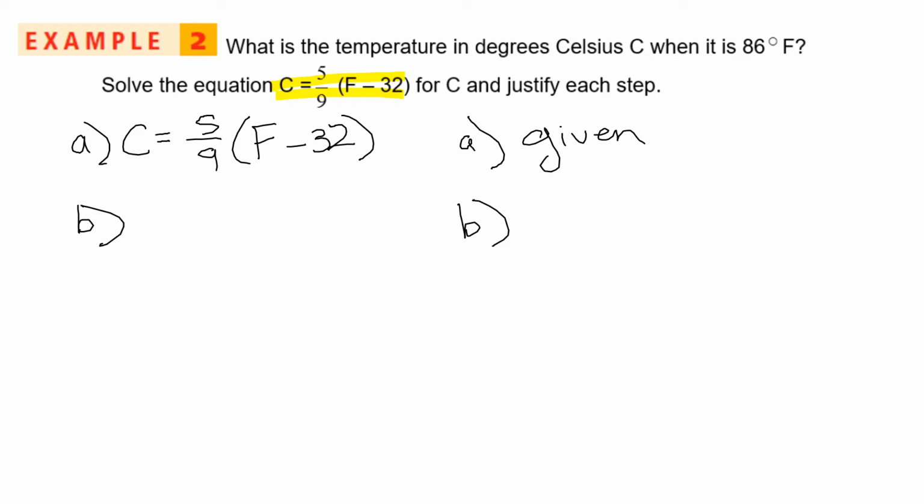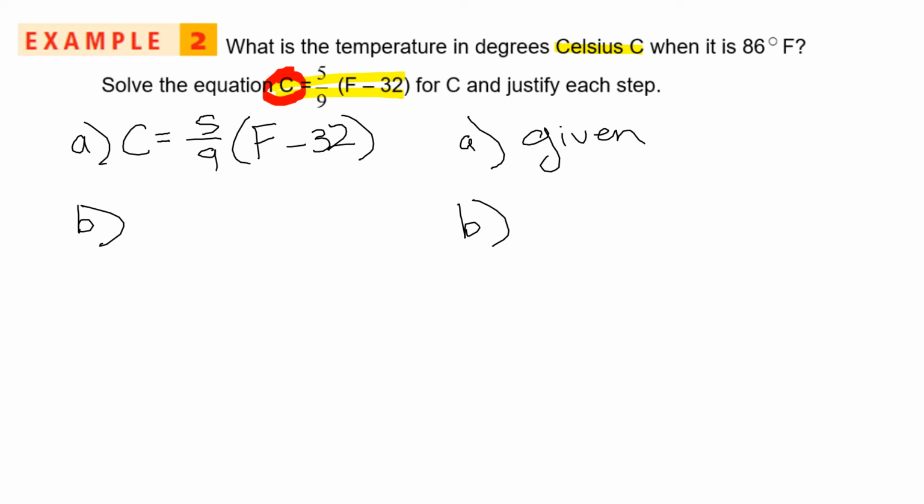What did it ask us to solve for? It asked us to solve for C. Our equation is already solved for C, so we're not going to rearrange this.